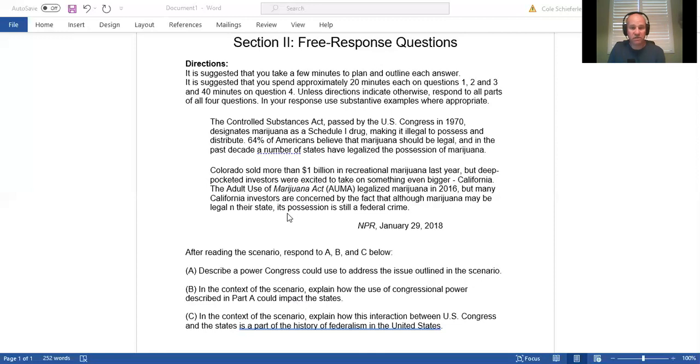Therefore, investors would have less concern about investing into marijuana in the states, and the states would have the freedom to either pass more marijuana legalization laws or less marijuana legalization laws, because they wouldn't have to worry about the federal agency, in this case, the DEA, enforcing the Controlled Substance Act.